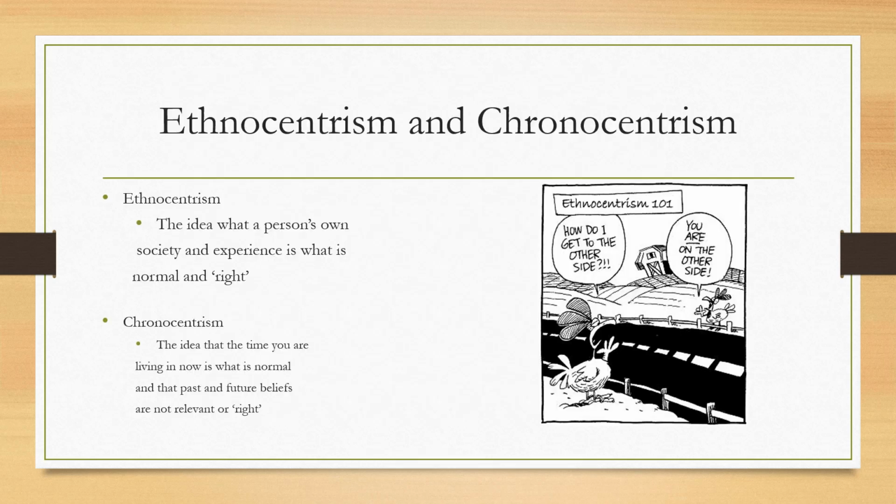Okay, two other concepts I want to introduce are ethnocentrism and chronocentrism. These are important as we go forward because we're all kind of trapped by both of these ideas. Ethnocentrism is the idea that your society, the experience that you have lived, is what is normal and what is right. So I grew up in a much different time than most of you that are alive today.